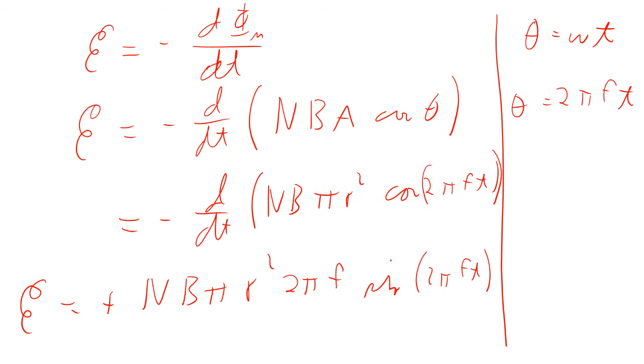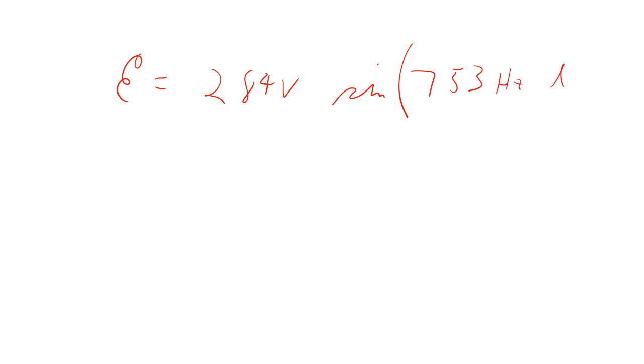Now all we have to do at this point is plug in the numbers that we have. When we do that, we find that the EMF is going to be 284 volts times sine of 753 hertz t.